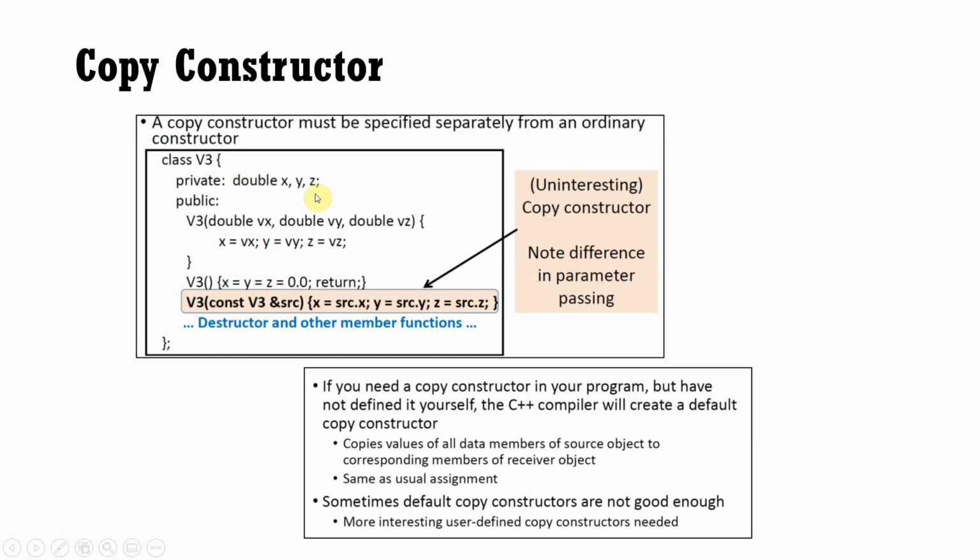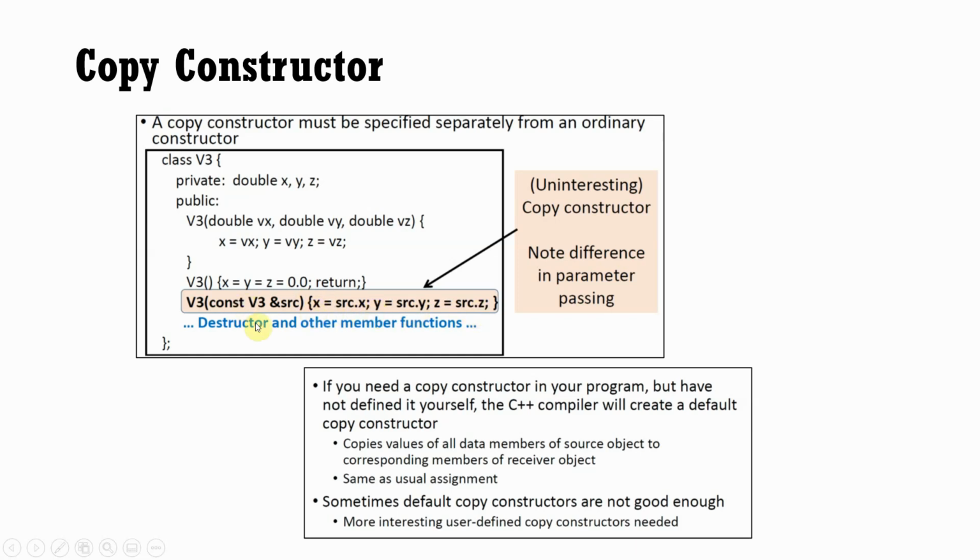And in this class, even if we didn't write this copy constructor, the compiler would generate one for us, and the one that the compiler generates would be doing exactly what we are doing here.